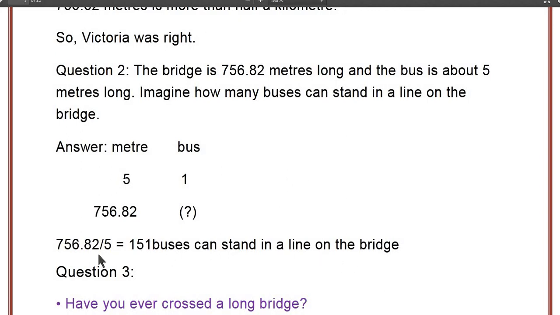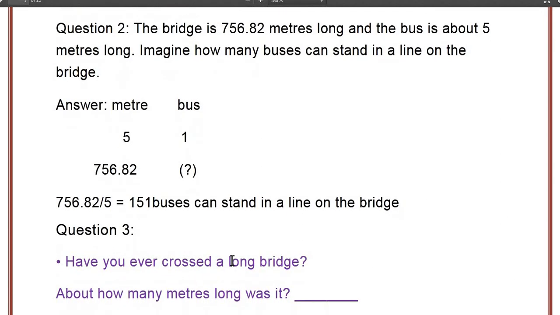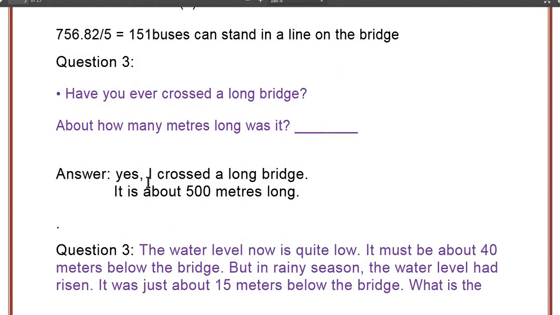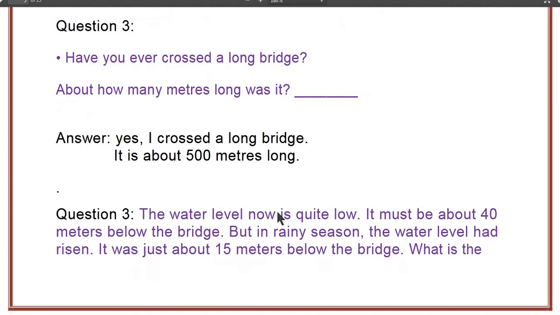Student, here you show the calculation of a division. 756.82 divided by 5. Now, have you ever crossed a long bridge? About how many meters long was it? Answer 3. Yes, I crossed a long bridge. It is about 500 meter long.